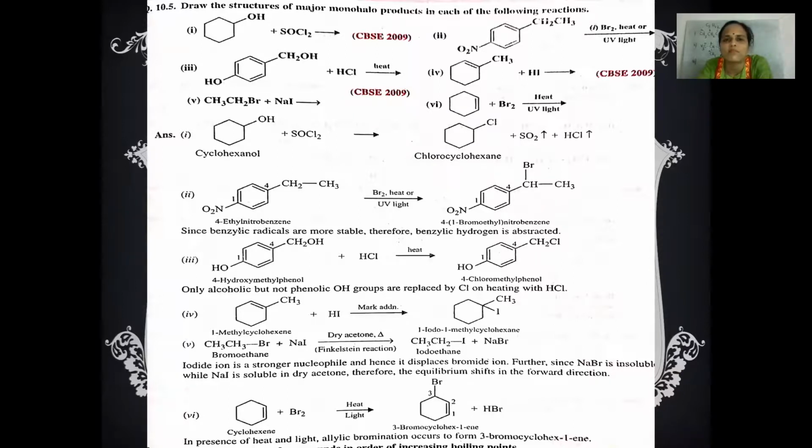So OH gets replaced with Cl. You get this compound, chlorocyclohexane, and the byproducts formed are sulfur dioxide and HCl. This is the best method of preparation of alkyl halides.